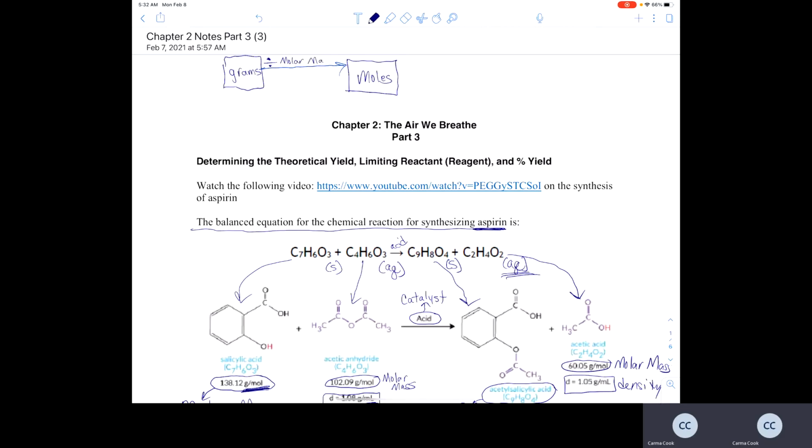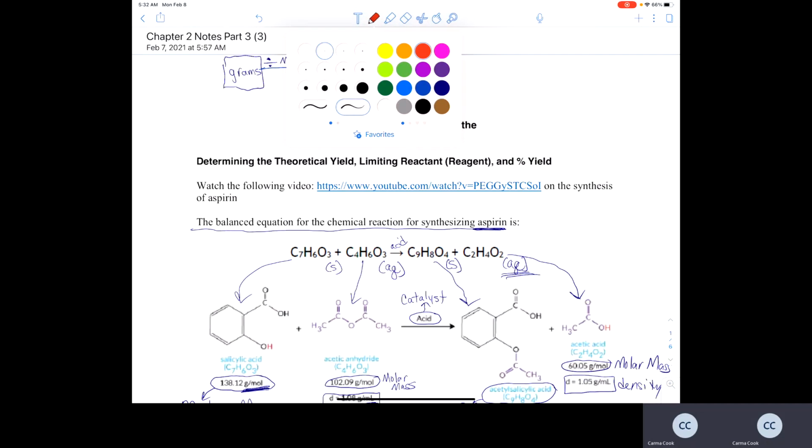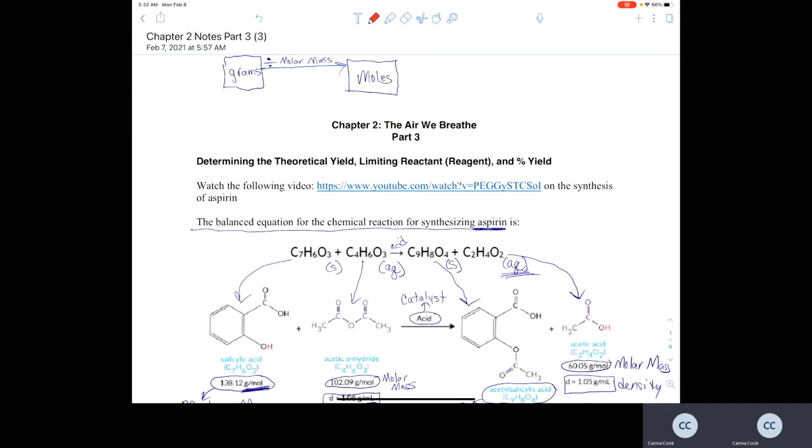So I take grams, divide by the molar mass of that compound, and I convert the grams to moles. And I can also go in the opposite direction. If I know how many moles of a compound that I have, I can convert those moles to grams by multiplying by the molar mass.